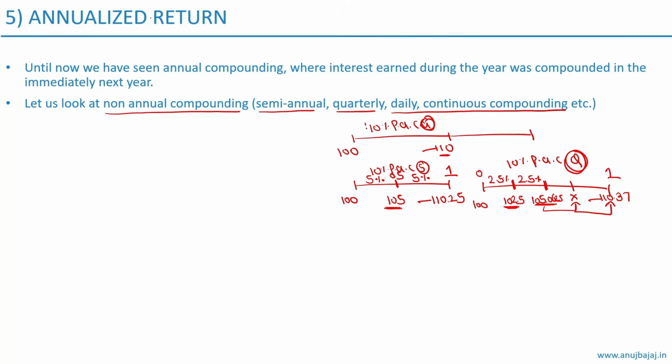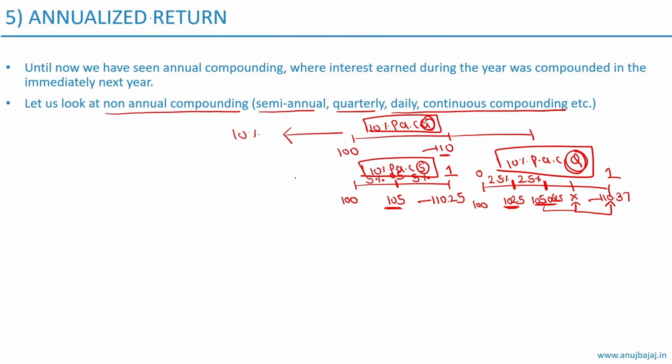So this 10% per annum compounded annually or compounded semi-annually is the stated annual rate or the quoted interest rate. And the effective interest rate that we earn on an investment, when it is compounded annually, is simply 10%.